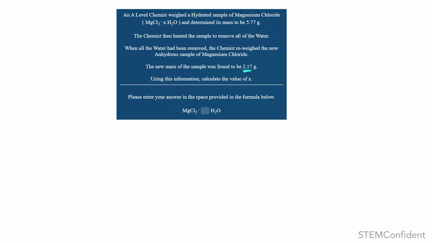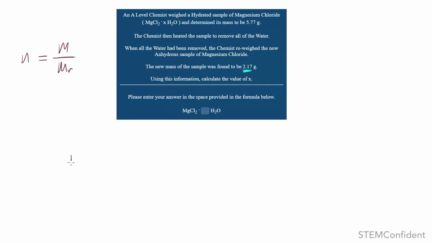So we're going to start off with the MgCl₂. So the number of moles n is equal to the mass divided by the molar mass Mr. And in the context of what we have here, I'm focusing on the moles for the MgCl₂. So what we're going to need to use is the anhydrous mass that we have here.